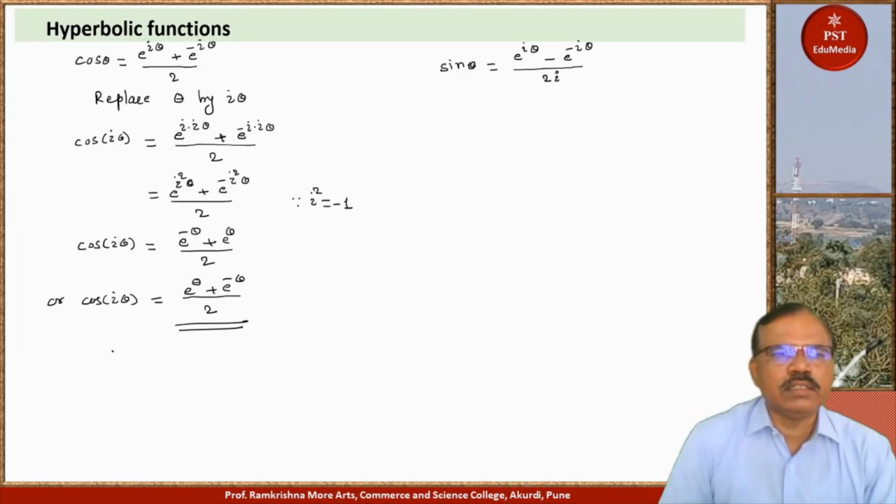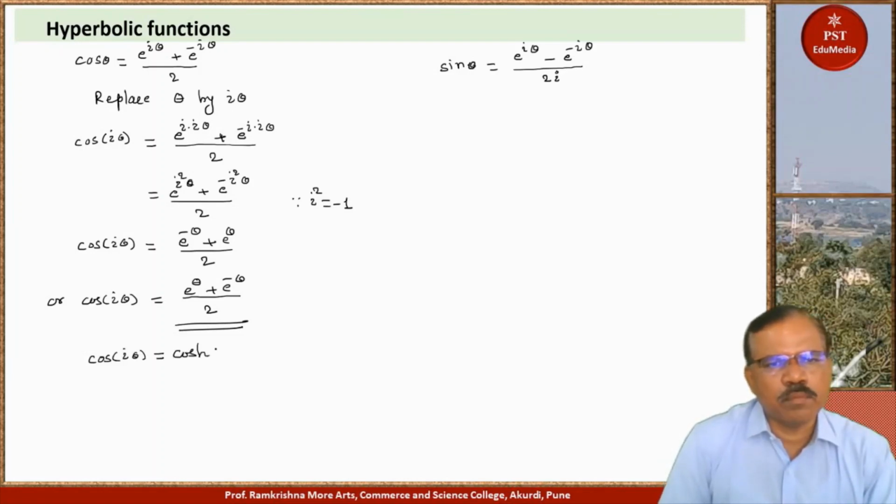And this term is called cos hyperbolic theta. So cos i theta we call this as cos hyperbolic theta, where cos hyperbolic theta is e raised to theta plus e raised to minus theta upon 2.